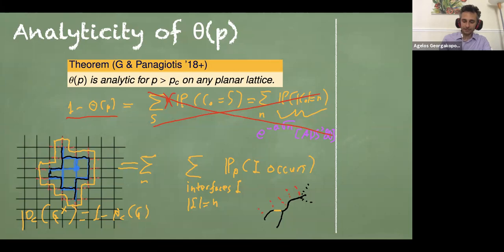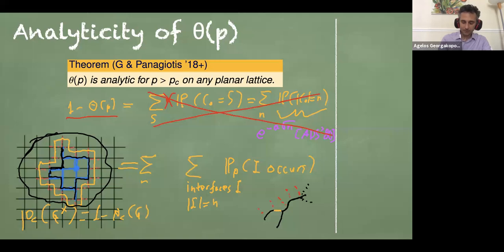Interfaces occur disjointly, at least when they intersect. What can happen, however, is that interfaces are nested in each other. So this interface might be nested inside this one, and the two could occur simultaneously. And this again puts a question mark on this equality. It doesn't hold as it stands.